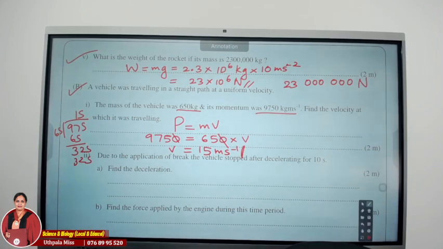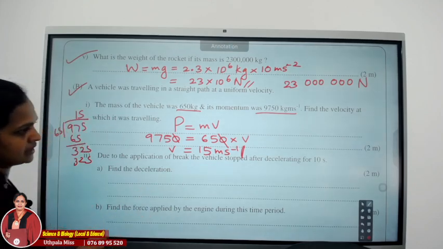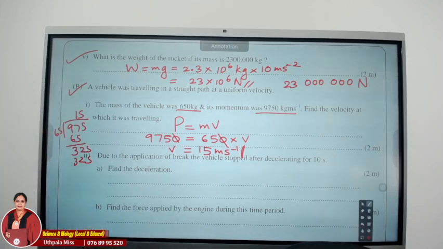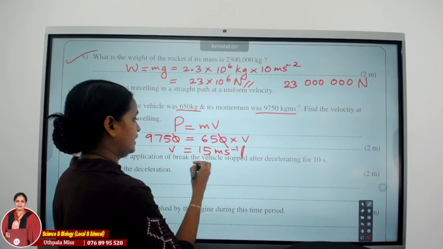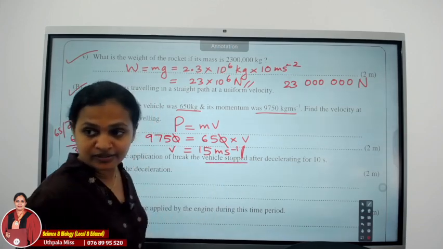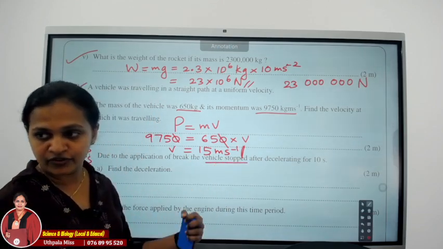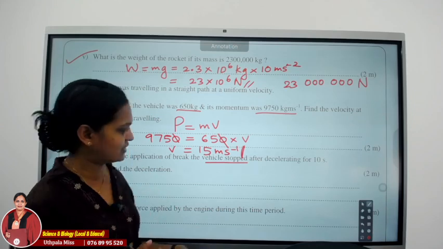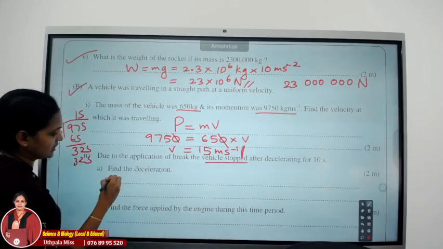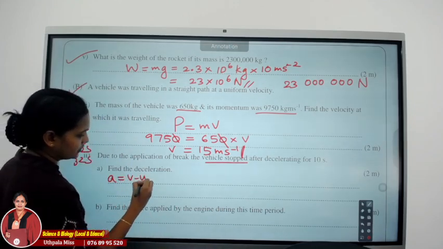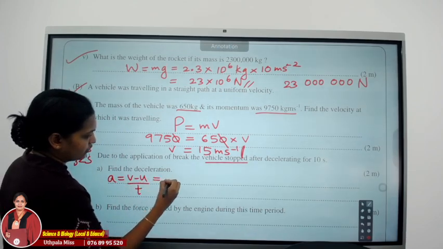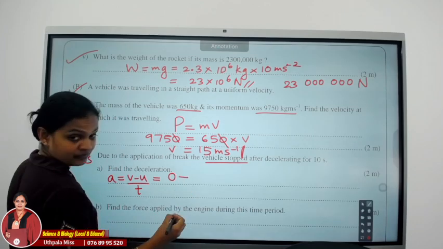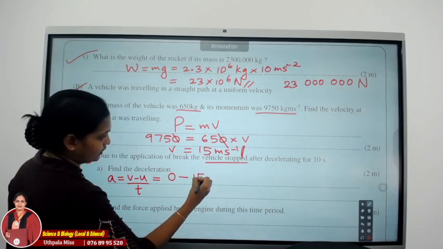Due to the application of brake, the vehicle stopped after decelerating for 10 seconds. Find the deceleration. So the vehicle was traveling at a velocity of 15 ms minus 1. Then it stopped at the end of 10 seconds. So you are asked to find the deceleration. A equals v minus u divided by t. Final velocity is 0. Initial velocity is 15.